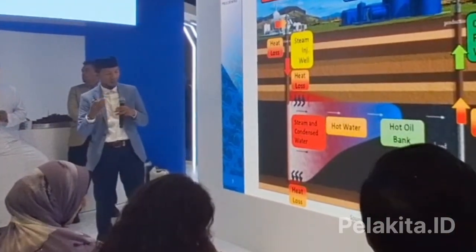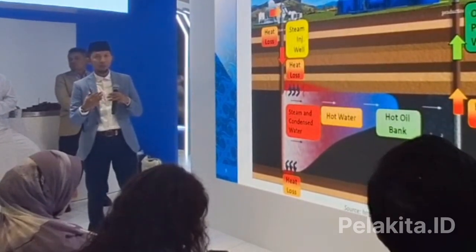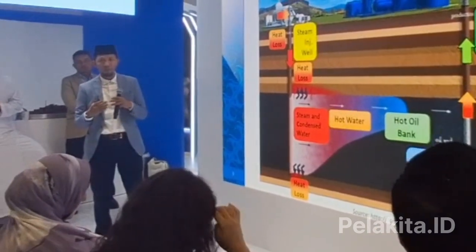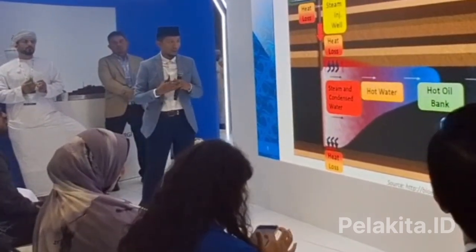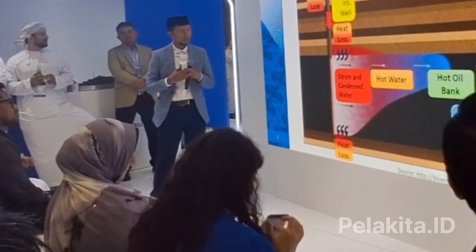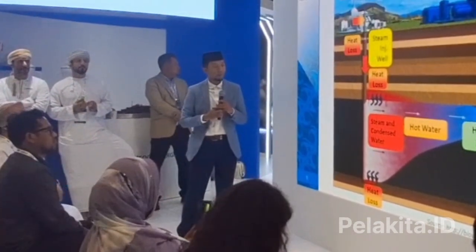So we can reduce the viscosity, because high viscosity makes the mobility lower, and with lower mobility of course we get a very low recovery factor. So we need to deliver thermal energy to improve temperature and reduce the viscosity.